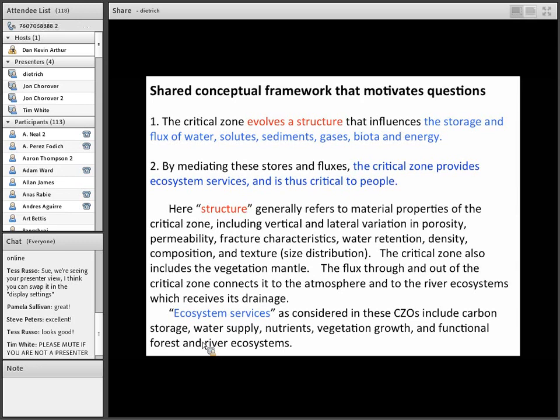So the Calhoun site is that further emphasis on the human influence, where the Calhoun seeks to understand how the critical zone responds to severe soil erosion and land degradation.